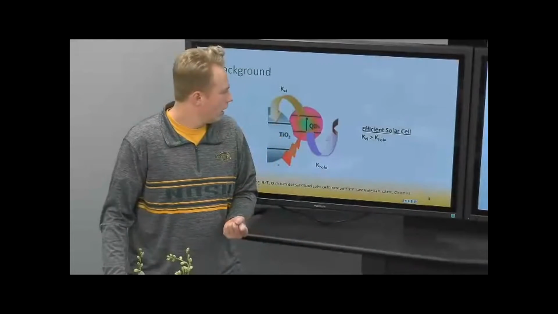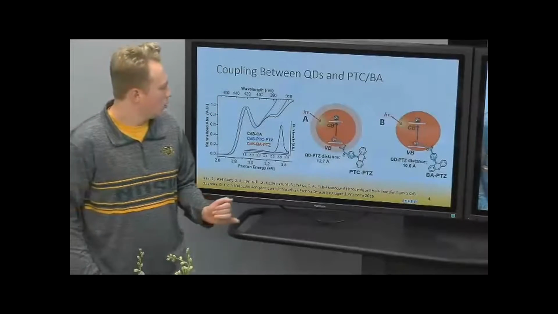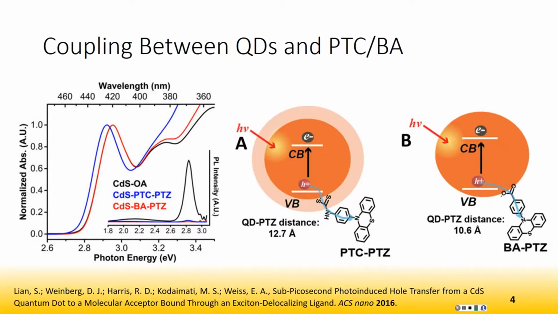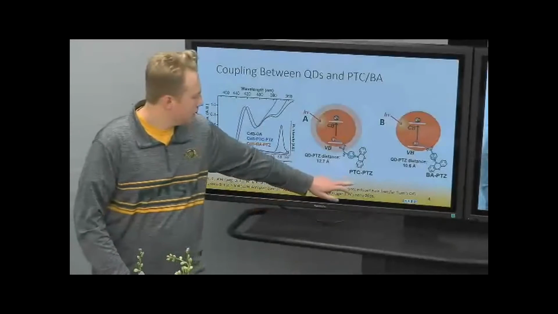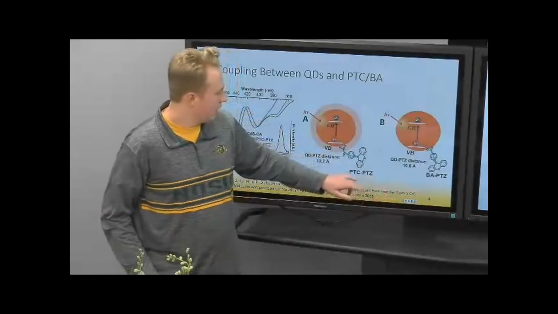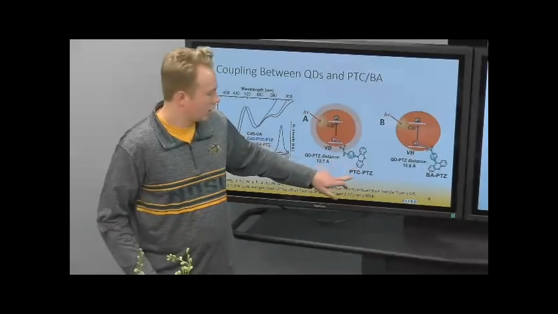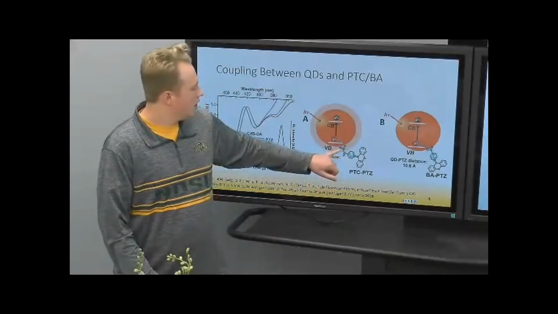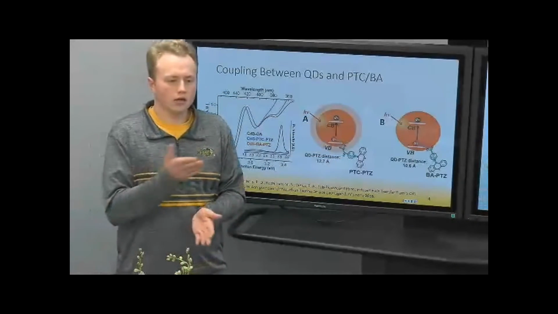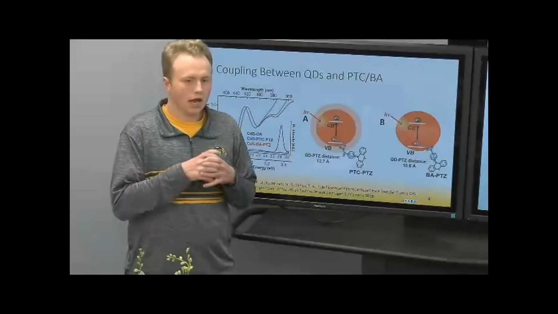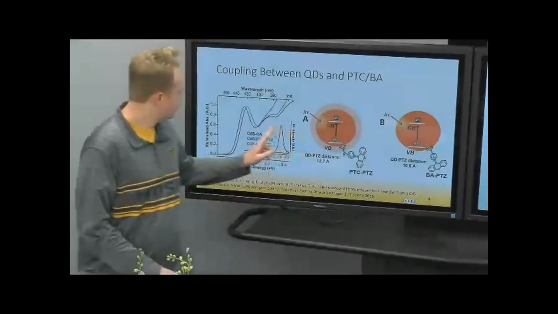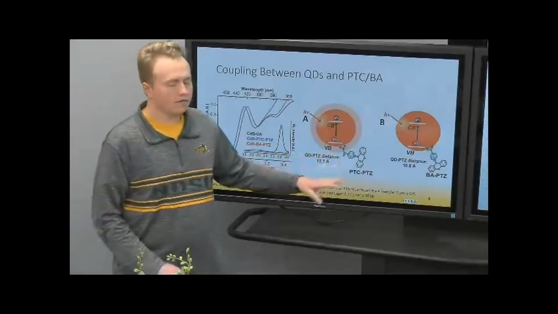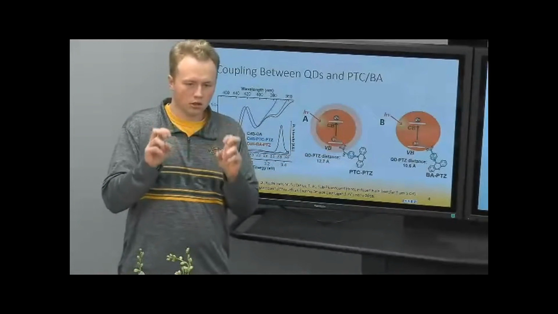There was a paper by the Weiss group where they took the same acceptor and linked it through two different linkage groups, one being PTC and one being BA. PTC has been shown to interact and couple very well with the quantum dot, and it makes the absorption spectra redshift, which you can think of as the particle in a box.